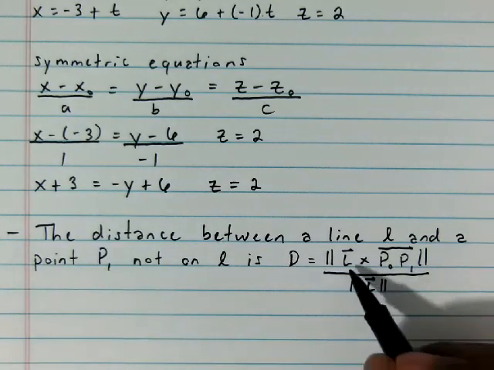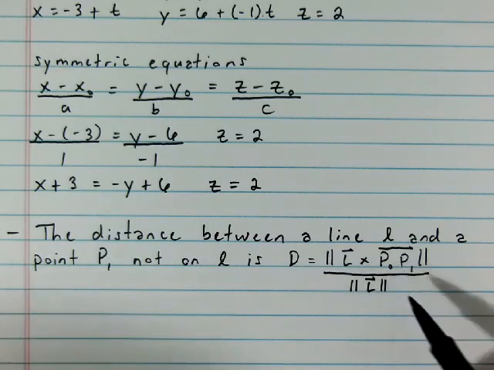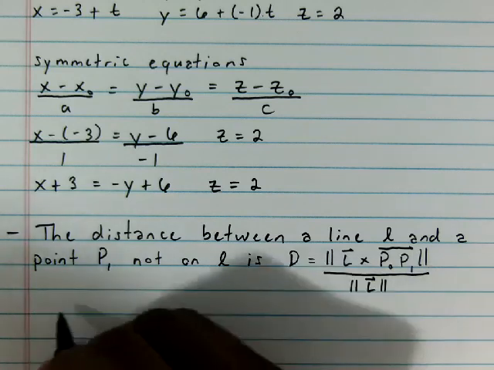So let's define what our capital L is. We know what that is because we talked about that. And then we'll talk about what our P0 is, which is going to be the same as it was before as well.